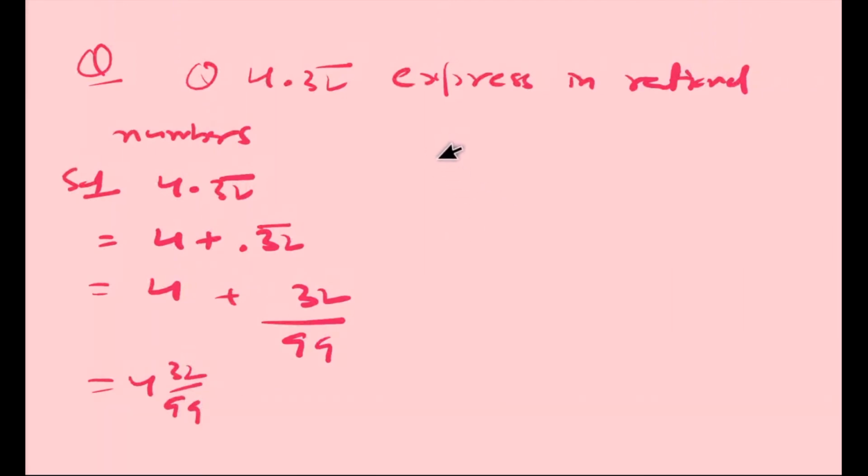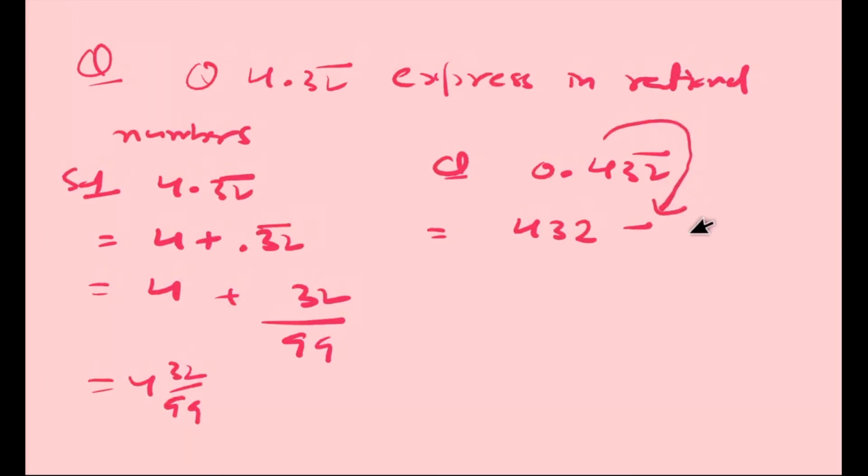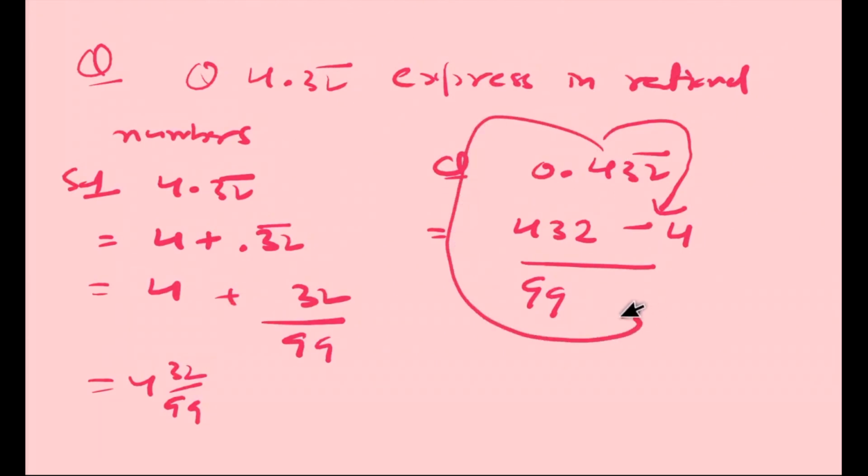Give another example. Let 0.432 bar. This you can write as 432, write all 3 digits, minus this digit, 4, then divide by 99 for these 2 digits and 0 for this digit. So using 32 we write 99, and using this 4 we write 0.